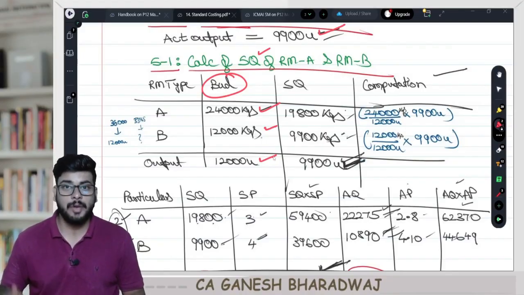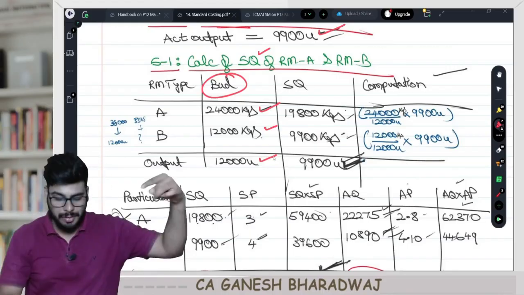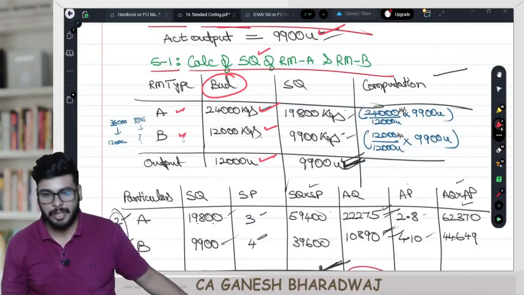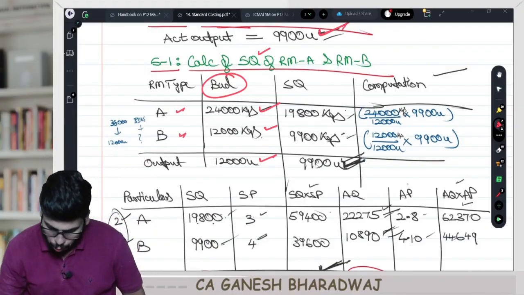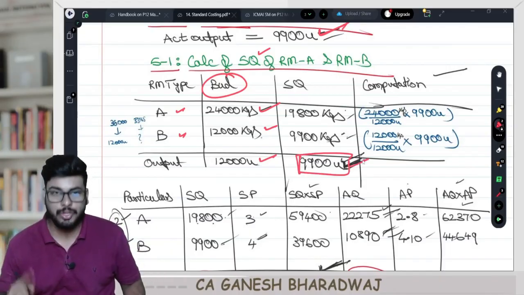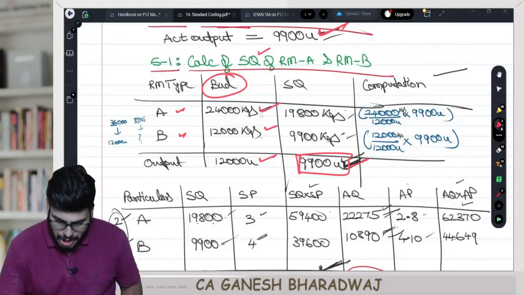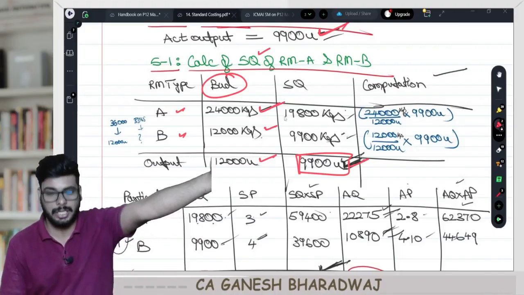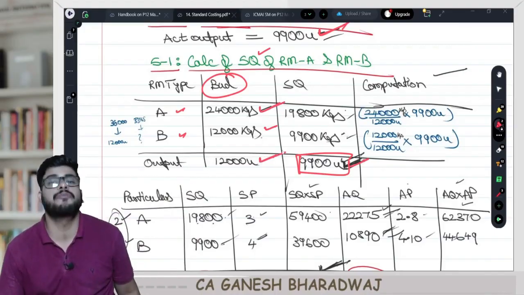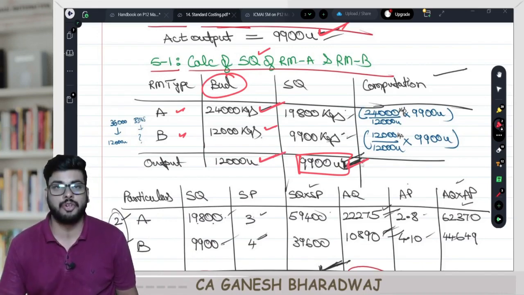Now, what do you mean by standard quantity? To achieve my actual production, how many kgs of raw material A and B should have been used? What is your actual output? 9,900. So for me to achieve 9,900 units of output, how many kgs of A and B should I have consumed? Very simple. If 24,000 kgs I can consume to get an effective output of 12,000 units, how many kgs of A should I consume to get 9,900?